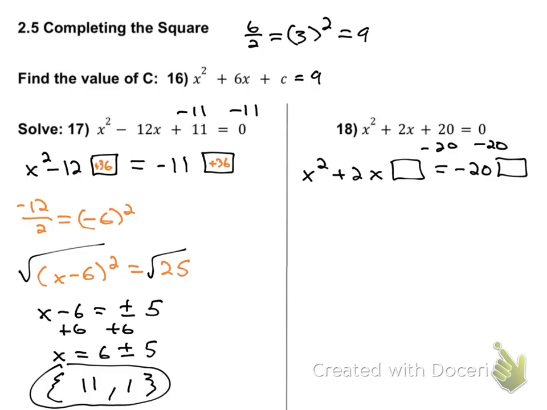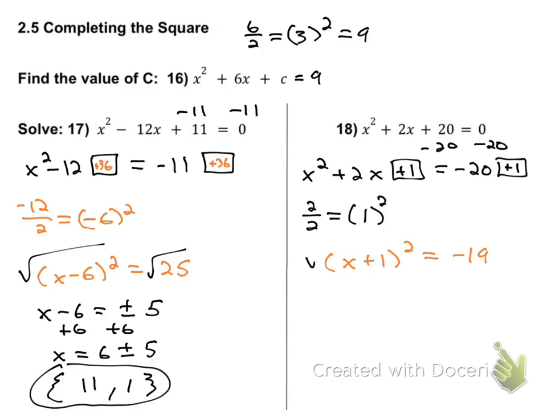All right, so take b divided by 2, gives you 1. Square it, get plus 1. So that will give me x plus 1 squared equals negative 19.